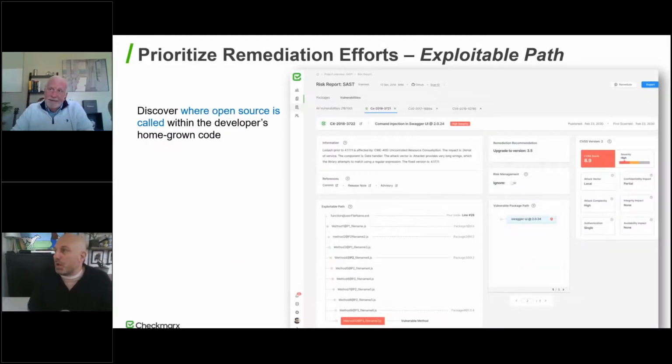All right, so if you've experienced SCA in the past, one of the hardest problems really is identifying, hey, am I even using these exploitable findings that this tool is giving me? So, for example, there might be a known CVE that says, hey, if you're using this API, or if you're using this component in this specific way, then you could have your code be exploitable.